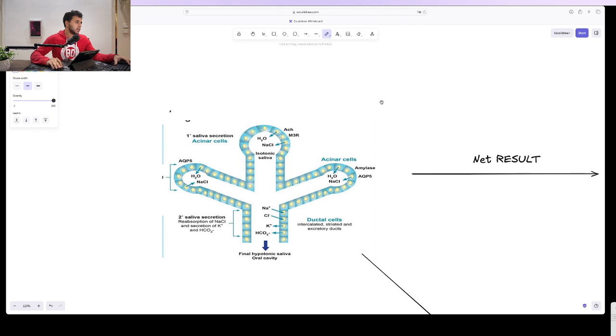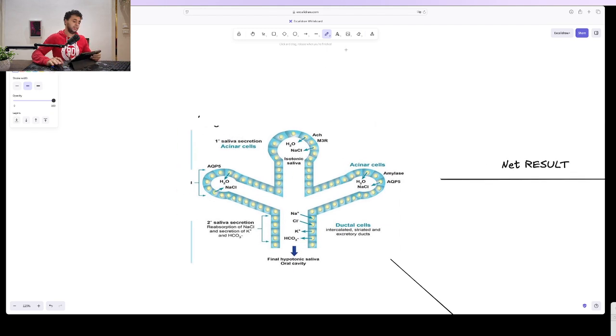All right. As you can see here, if you look closely, these are the acinar cells. They are grape-like cells. Here they produce the isotonic primary saliva, and as it moves through the duct into the oral cavity, something happens.